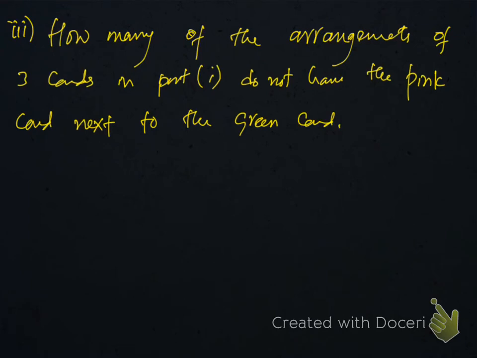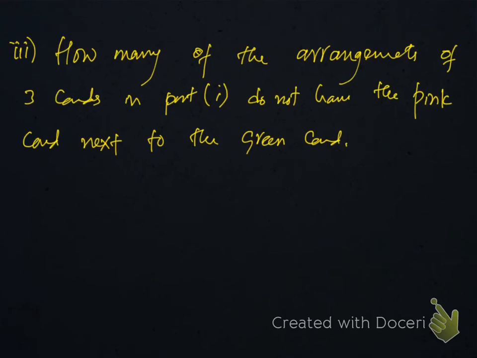Next question. How many of the arrangements of 3 cards in part 1 do not have the pink card next to the green card? Now this is one of the most important questions. Here in this question we have restrictions both in selections and in arrangements.